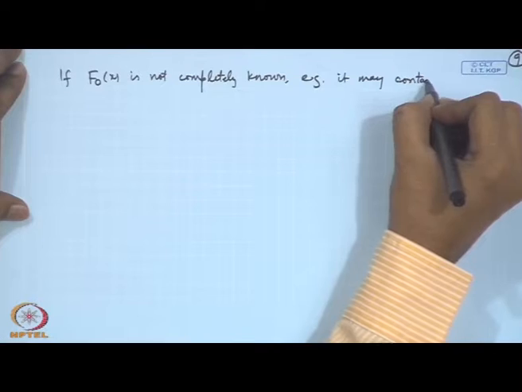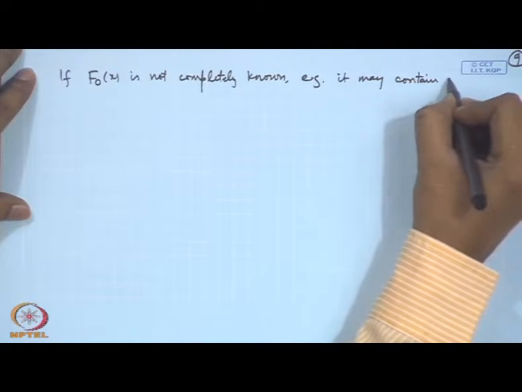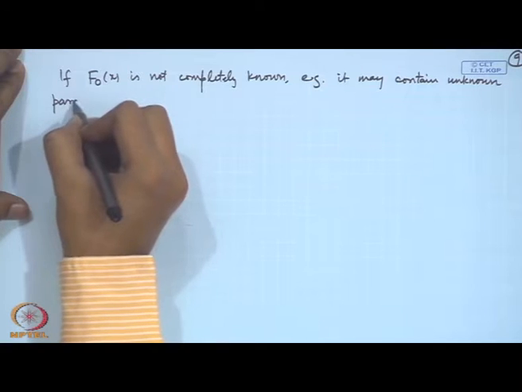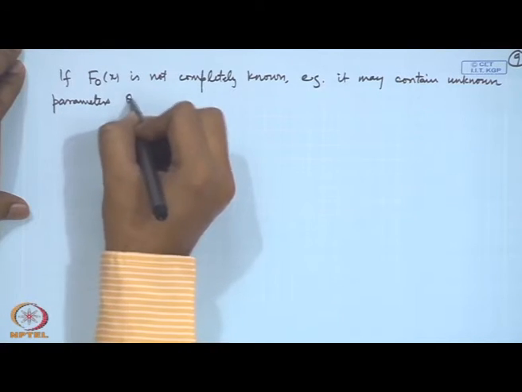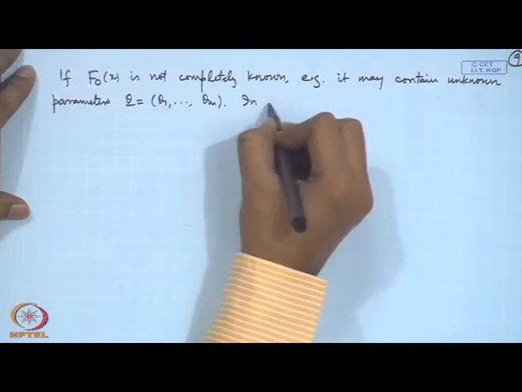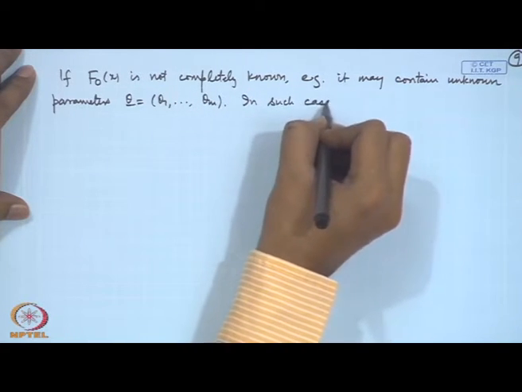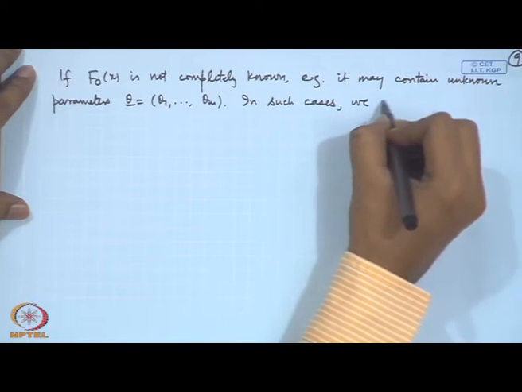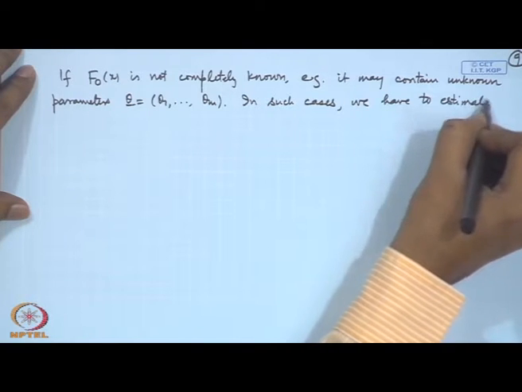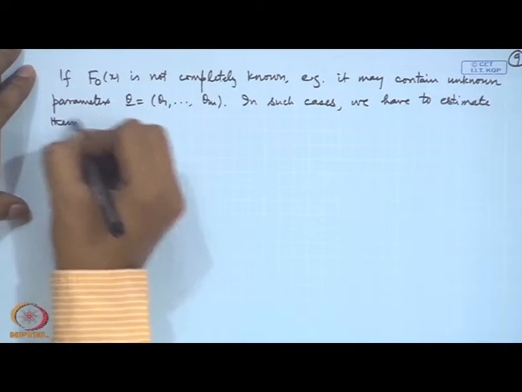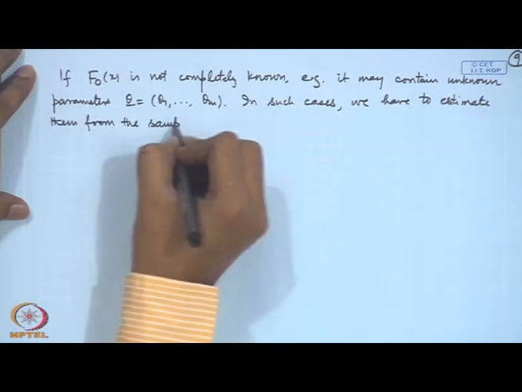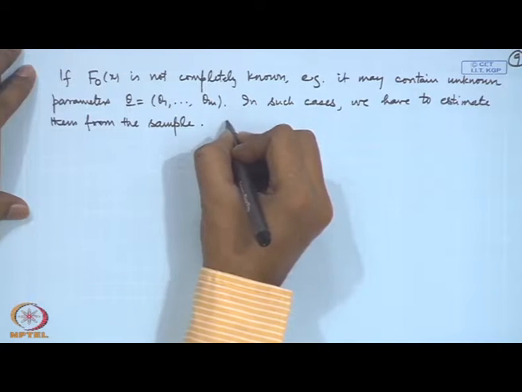So, it may contain unknown parameters, say theta equal to theta 1, theta 2, theta m. In such cases, we have to estimate them from the sample.